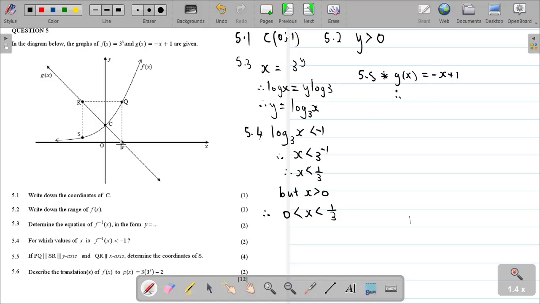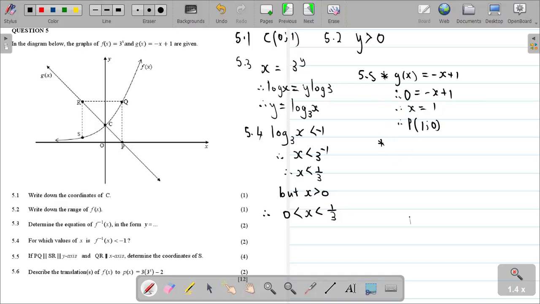At P, the y value is 0. So 0 equals negative x plus 1, therefore x equals 1. So P has the coordinates (1; 0). The x is 1, the y is 0.